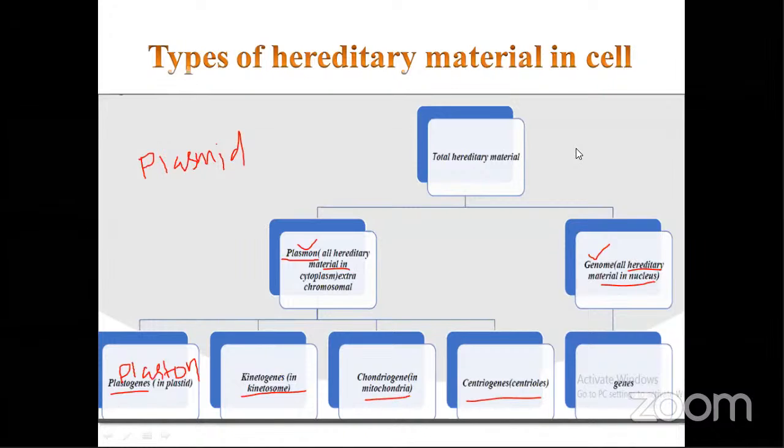We explicitly use plasmids in genetic engineering, which we will deal with in the biotechnology section. This plasmid is also part of cytoplasmic inheritance, because it is in the cytoplasm. Whatever is present apart from the nucleus comes under cytoplasmic inheritance or extrachromosomal inheritance.